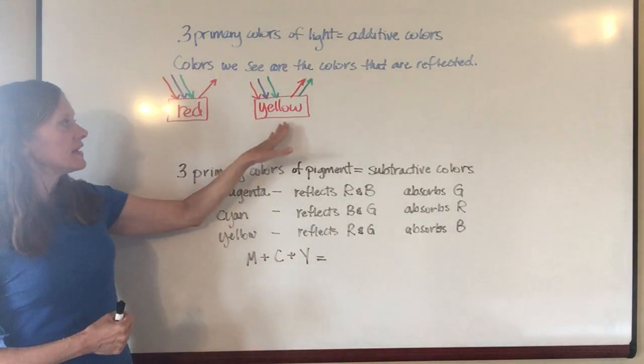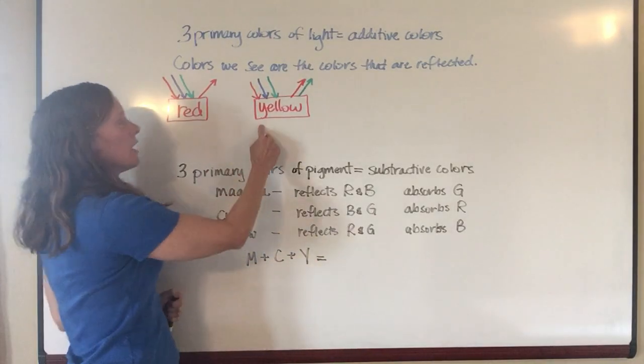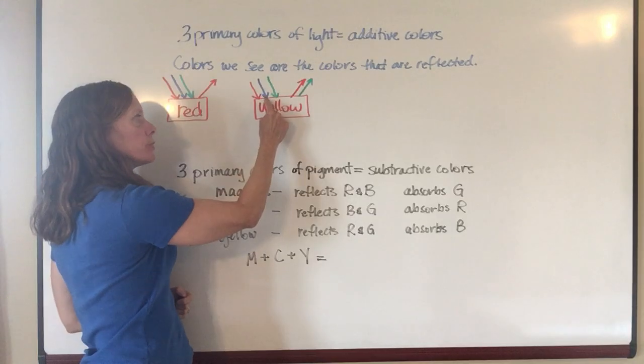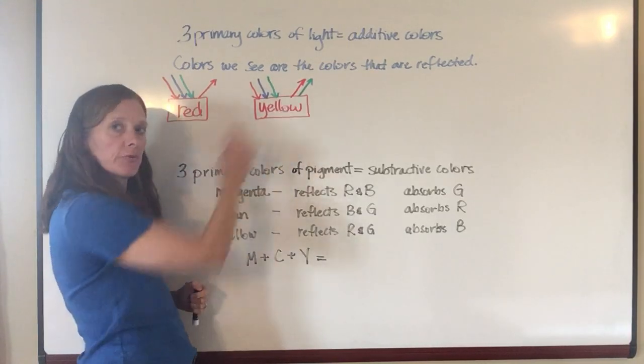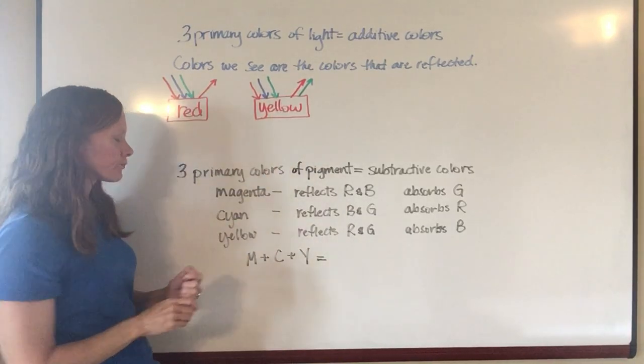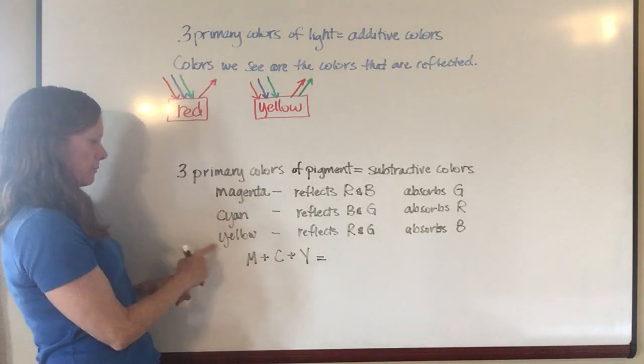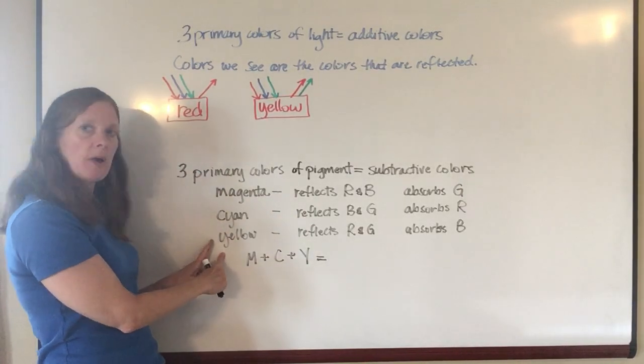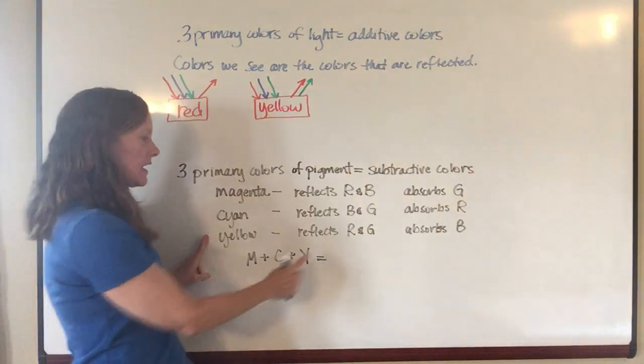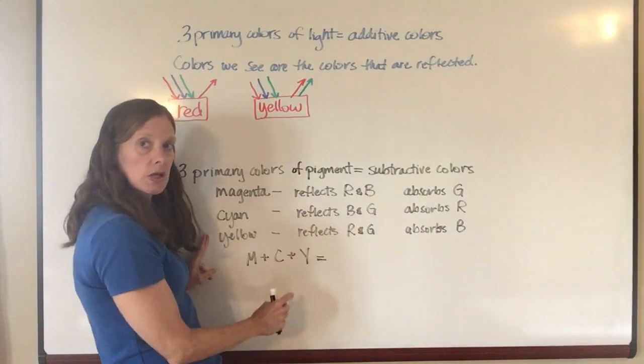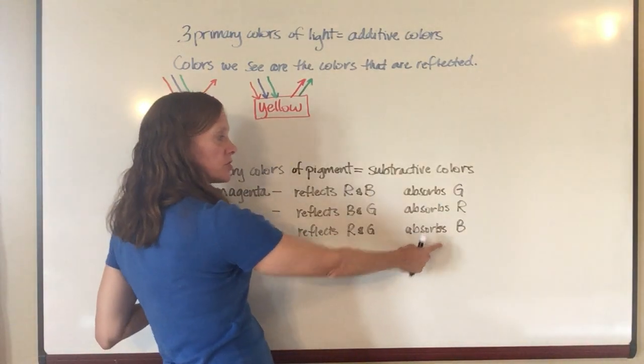So here, the yellow is going to subtract out the blue, and it's only going to reflect the red and the green. So I actually have the yellow down here at the bottom. So if you have a yellow pigment, it reflects red and green, but it absorbs blue.